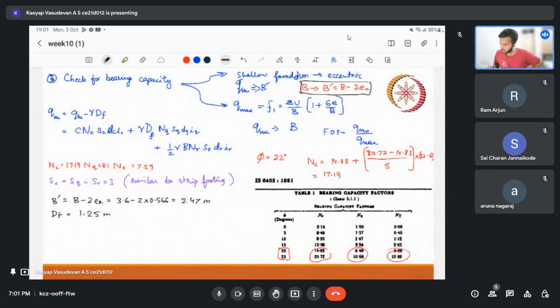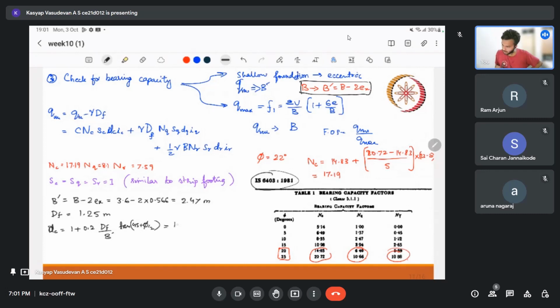To find the depth factor we need d_c. You will get this from our code, 1 plus 0.2 D_f by B tan of (45 plus phi by 2). Here, instead of B, we have to use B dash.